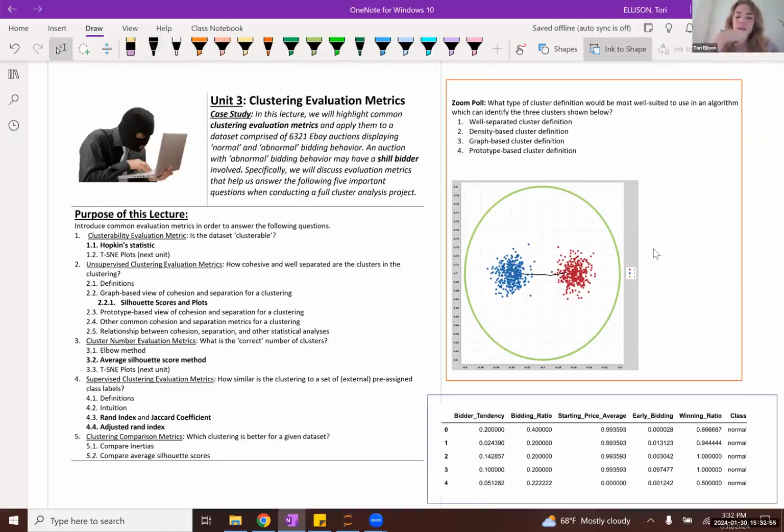And again, we want to think about, what does it mean for 2 clusters to be well separated from each other? Well, there's a lot of ways that we could answer that question. But when it comes to identifying or basically separating these 3 sets of points from each other, we want to pick the definition of well separated that is going to work, that's going to help us disambiguate these 3 sets of points.